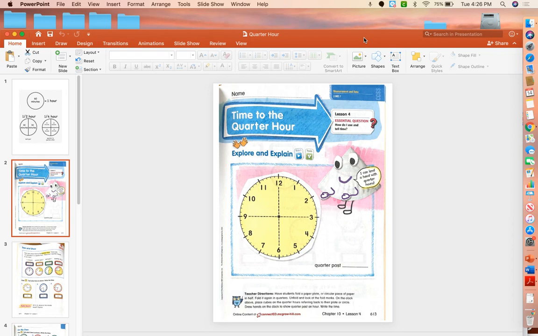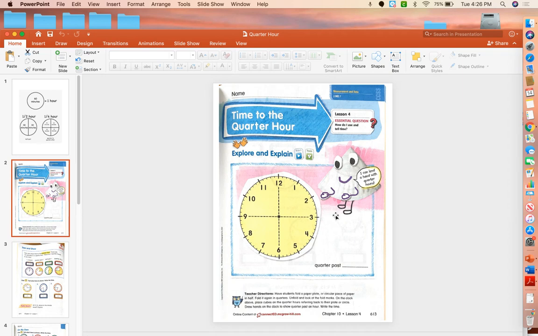I want you to look at this clock and think about how there are 4 pieces to this clock, 4 quarters of the whole hour. I oftentimes tell my students during this lesson, if you think about 4 quarters, what else do we know about 4 quarters in $1?